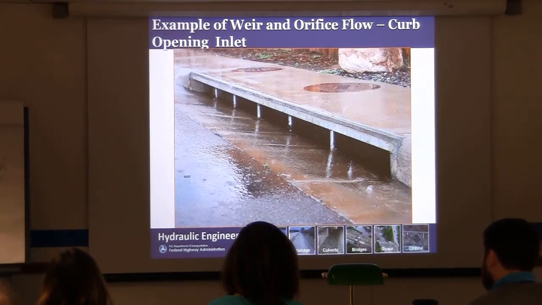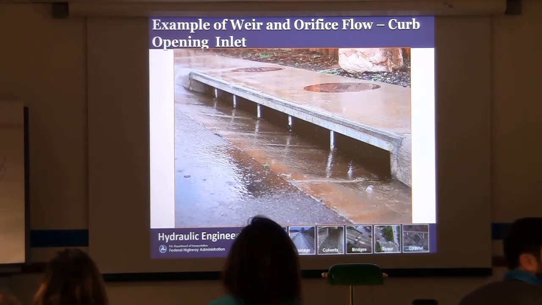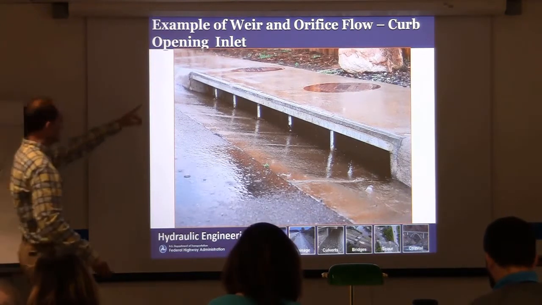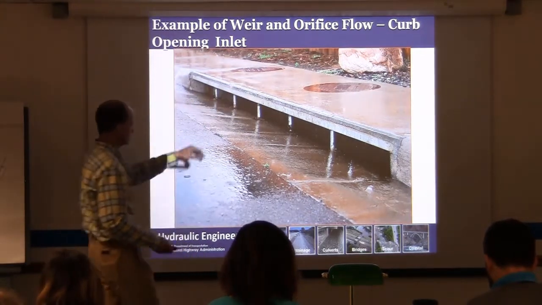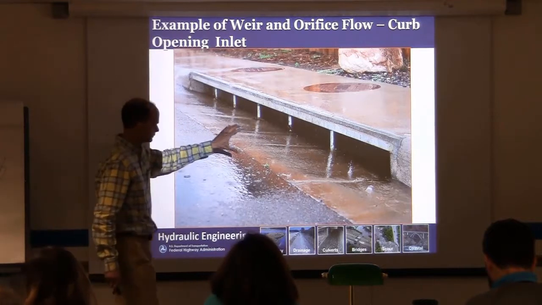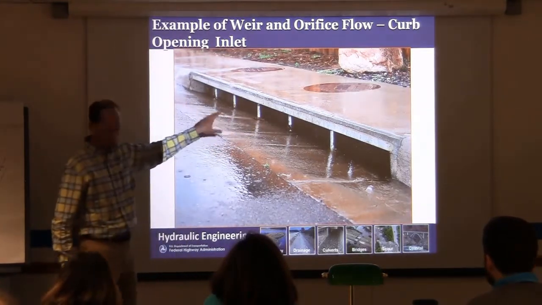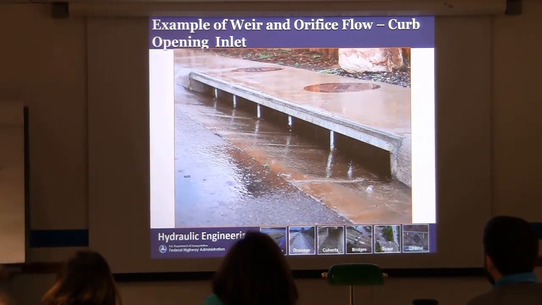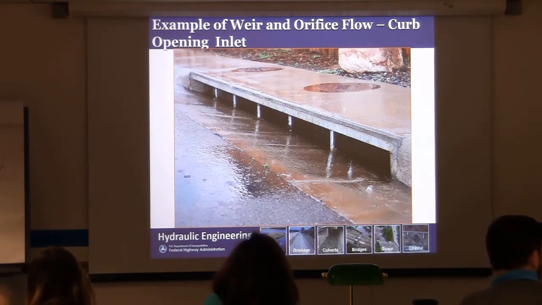Okay. Here is a curb open inlet, right? And you see the structural support posts in the top slab. And fortunately, you don't see it reaching out to grab some kid who's playing with his little paper boat in the storm. Anybody?